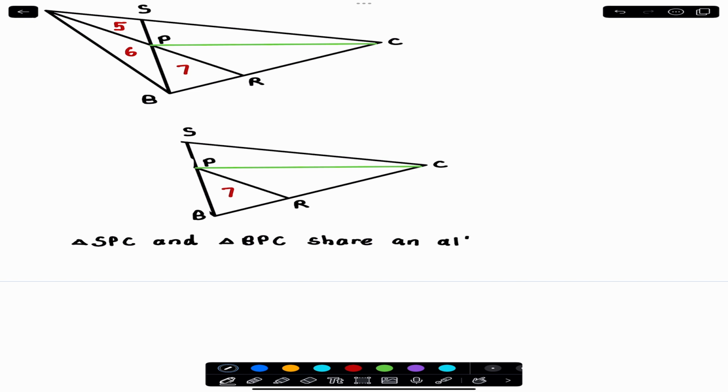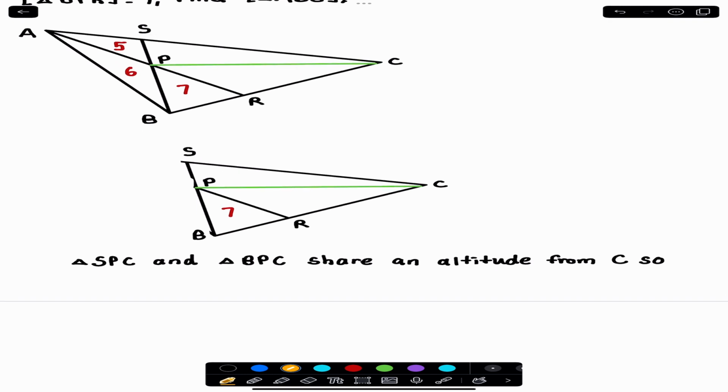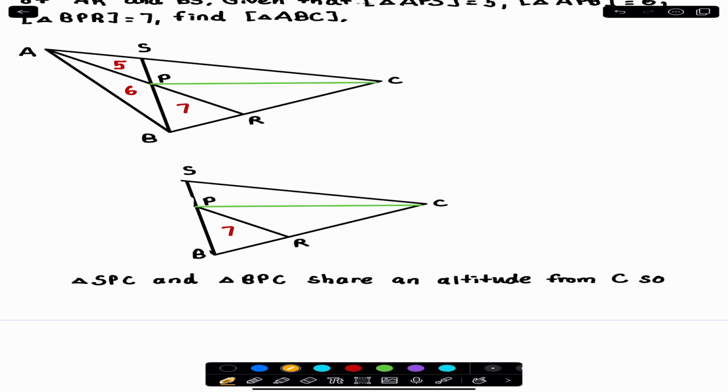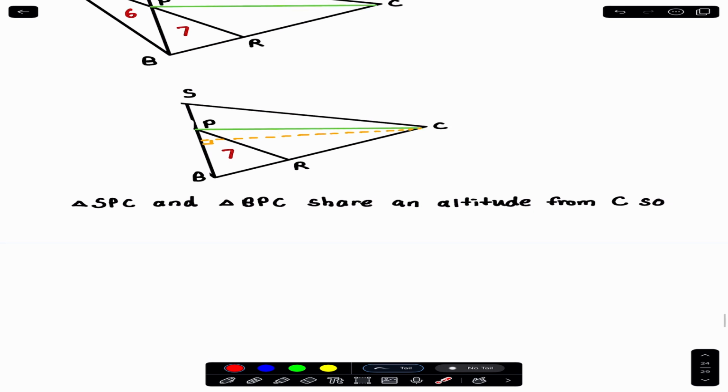Share an altitude from C, and I hope you can see that. If you cannot, I will add it in. So remember, BPC, the altitude is inside. SPC, the altitude is outside because we're going to have to extend segment SP.